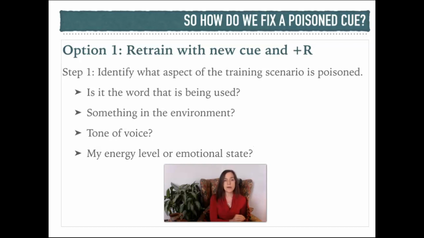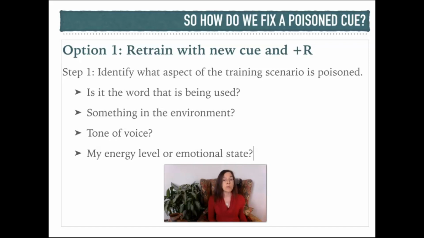Again, identify what is the poisoned part of your cue and work with that. So I use the example of it being the verbal word, but it may not be that. Your dog may be perfectly capable of sitting with the word sit in a different context. So again, you need to suss this out. Is it my verbal that's the problem? Is it maybe the way I lean forward? Is it that I have a tendency to reach my hand towards my dog because I used to push their bum down?